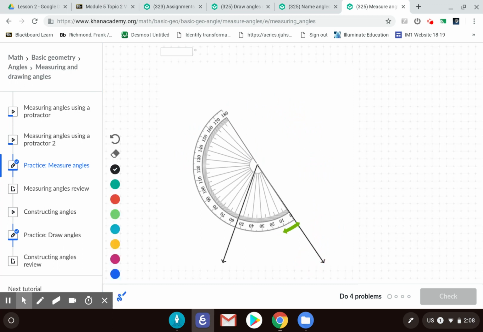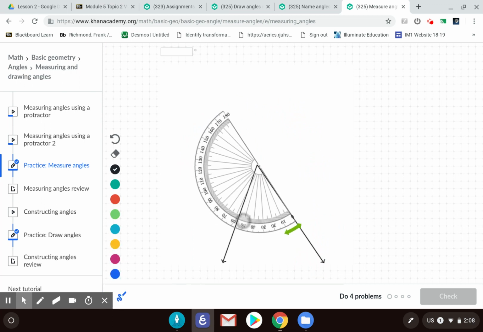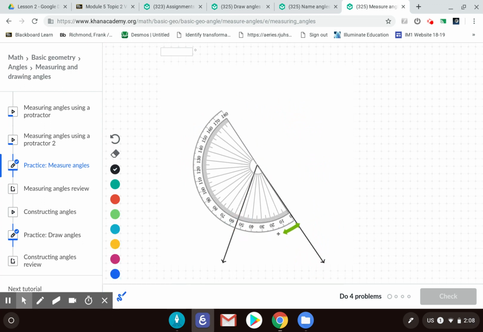And then you're going to look at the degrees that it matches up with on the other side. I need to readjust my protractor real quick. There. So this looks like it is 50, 55, 60. So this is a 55-degree angle.